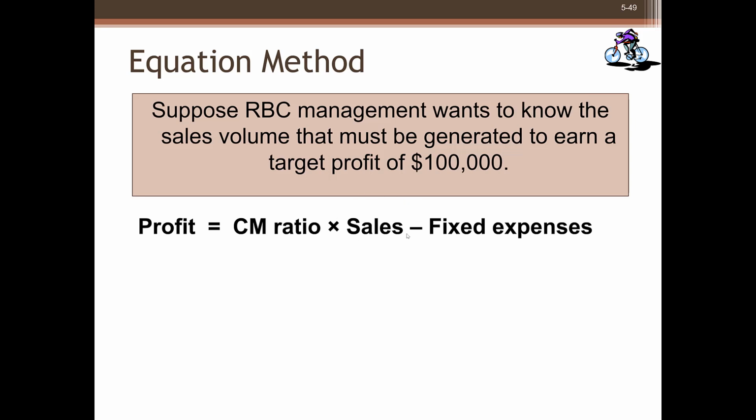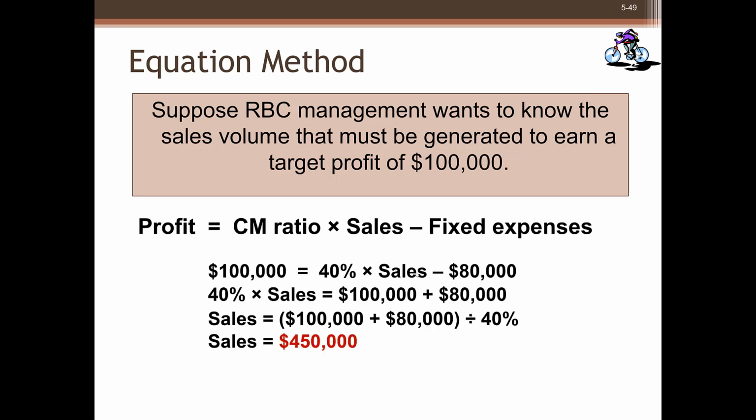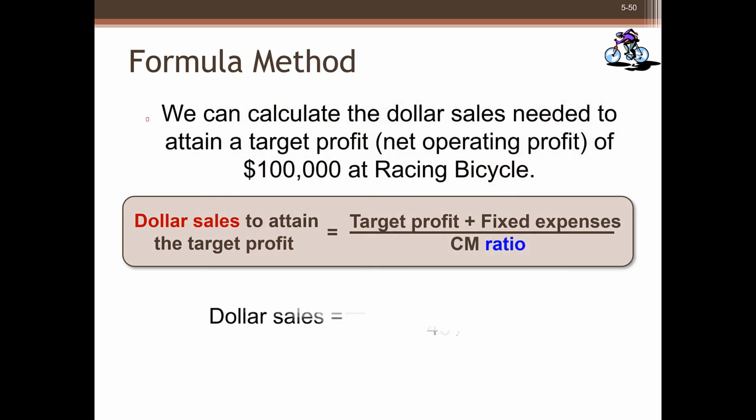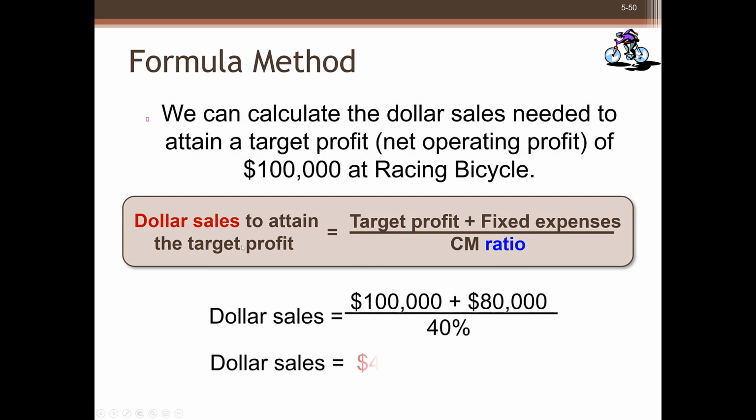We want to solve for sales dollars, and fixed expenses are 80,000. So we can put numbers here and solve this equation. Sales should be $450,000. For the formula method, we can get dollar sales directly based on the formula: 100,000 plus 80,000 divided by contribution margin ratio 40%, and then we can get the same number.